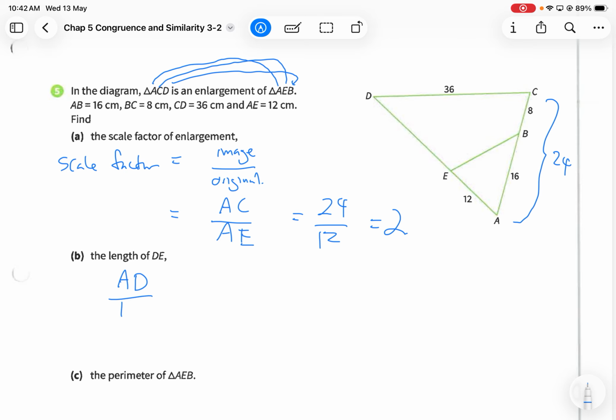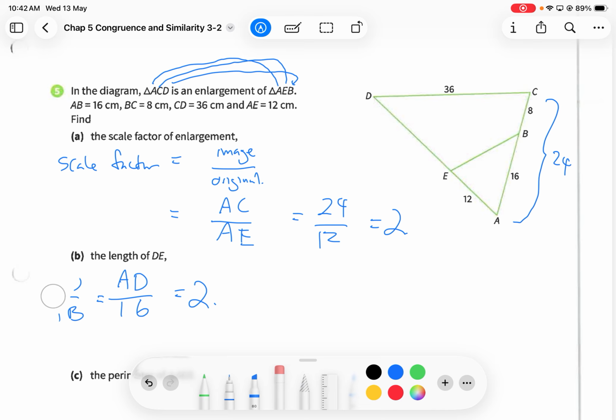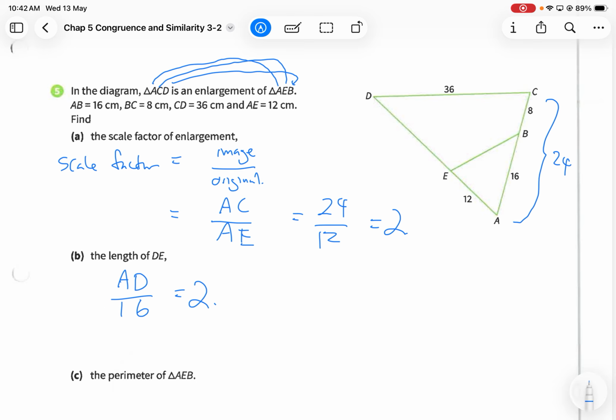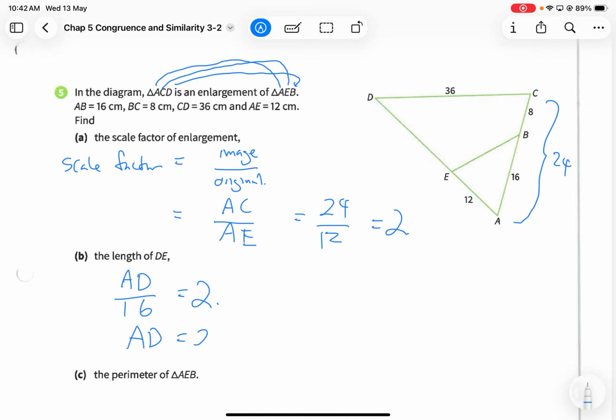So AD over 16, the scale factor is also 2. The corresponding side, they will give me the scale factor. AD corresponds to AB. Then from that equation, if I make AD the subject, AD will be equal to 2 times 16 equals 32.